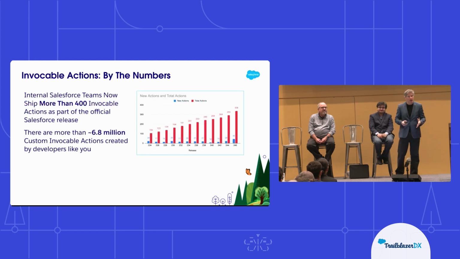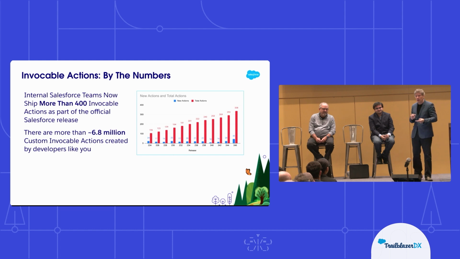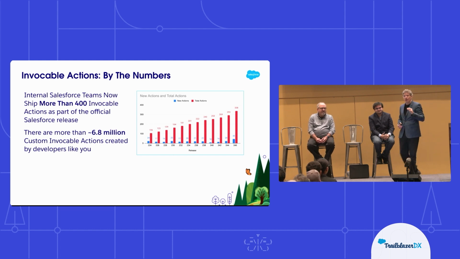The final thing I'll say before we start getting into some of the interesting details with Eric is I want to share a few numbers with you. One of the things that very few people know is how prevalent invocable actions are inside of Salesforce. And by that, I mean internal Salesforce Scrum teams on Sales Cloud, Industry Cloud, Service Cloud. They build invocable actions constantly.